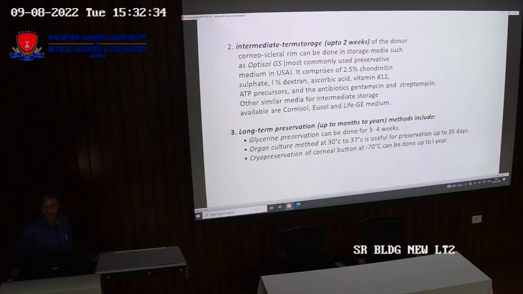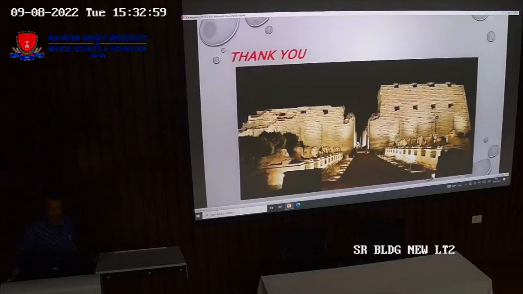These are intermediate storage media up to 2 weeks, and long-term preservation, up to months to years, includes glycerin preservation up to 3 to 4 weeks, organ culture method at 30 to 37 degrees centigrade for up to 35 days, and cryopreservation of the corneal button at minus 70 degrees centigrade up to 1 year. Thank you.